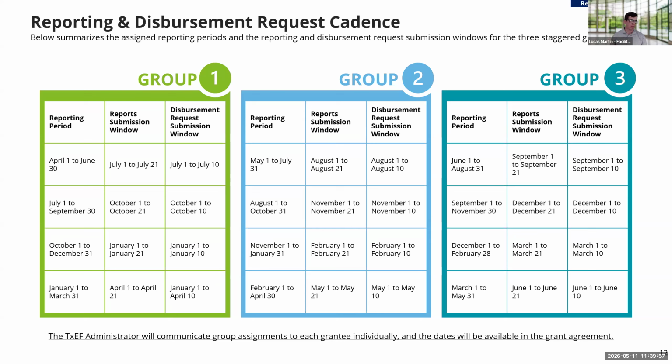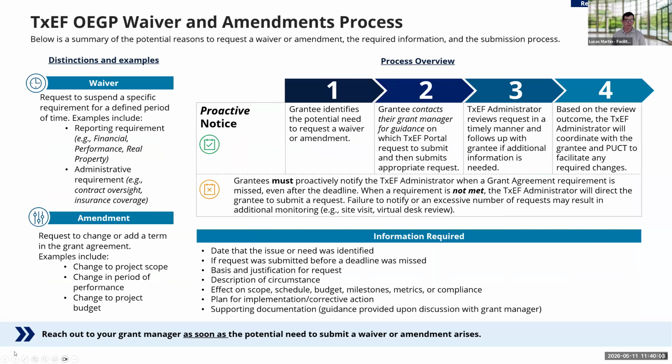Alrighty. Next, we'll pivot to waivers and amendments. I know I spoke a little bit about this, and that some of the events that may come through in a significant development report, or trigger the need for a significant development report, also might warrant the need for a waiver or an amendment to your grant agreement.